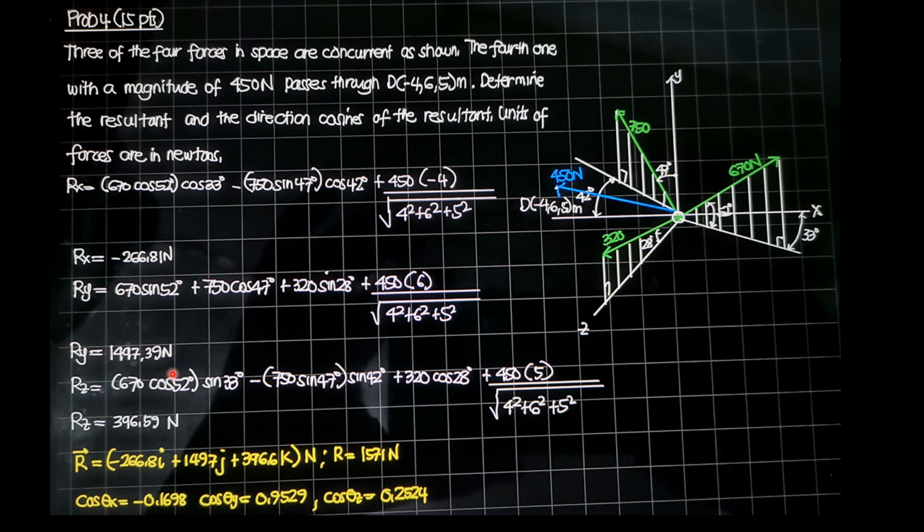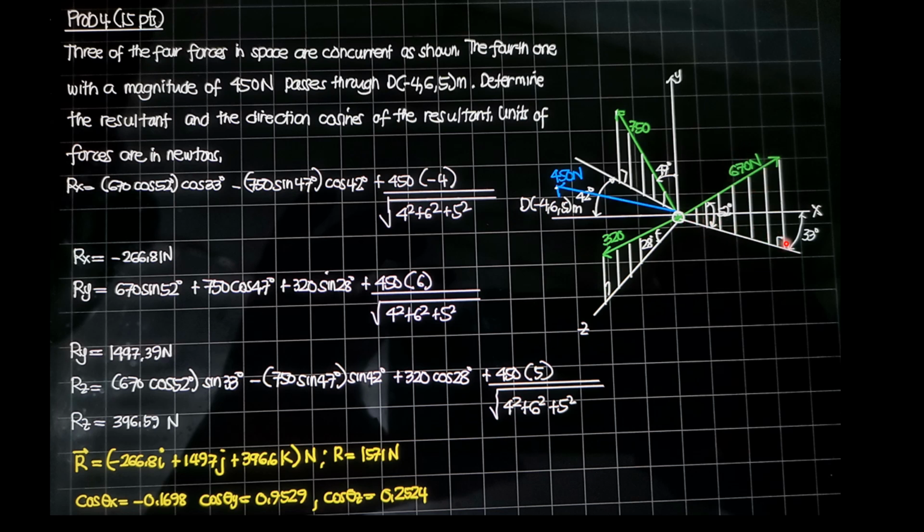Then finally Rz, the summation of forces along Z. The 670 Newton force is directed forward, from here going there, upward and to the right. So the x component is positive, the y component is positive, the z component is positive.